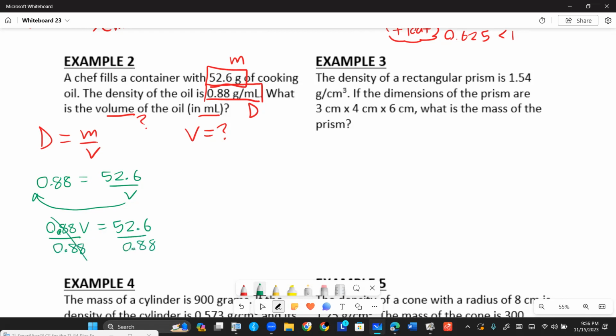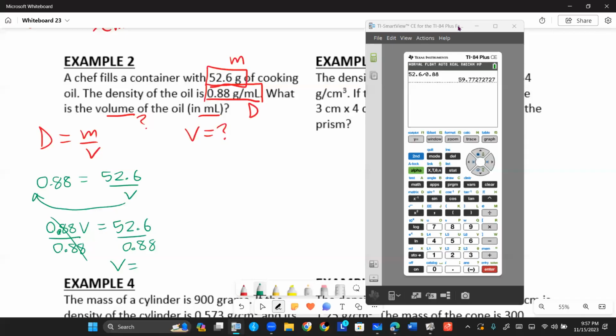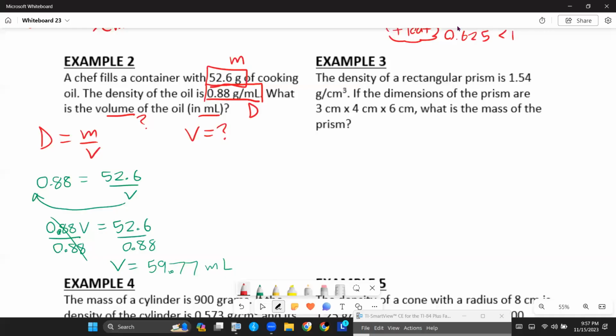Those will cancel out. And your volume is going to be measured in milliliters in this case. So 52.6 divided by 0.88 is going to give you 59.77. So our answer will be 59.77. And since it's a volume, we're going to use milliliters as our unit. So we'll write 59.77 ml for milliliters.